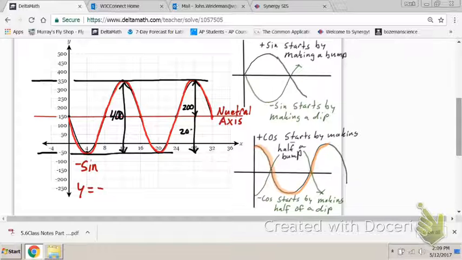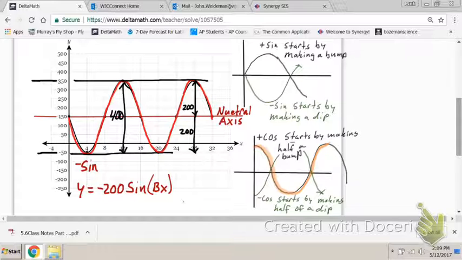All right, so what that gives us is we know what our amplitude is by cutting that 400 in half. Let me back up. I don't like all this. It's going to be a negative 200 sine bx. And what do we do with this one?